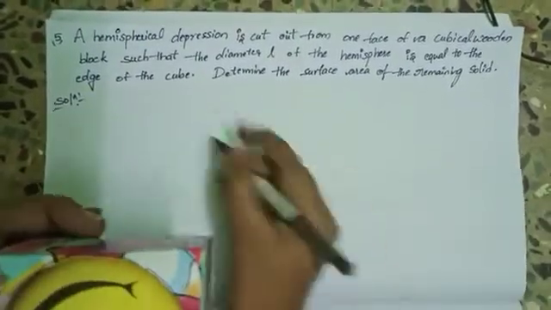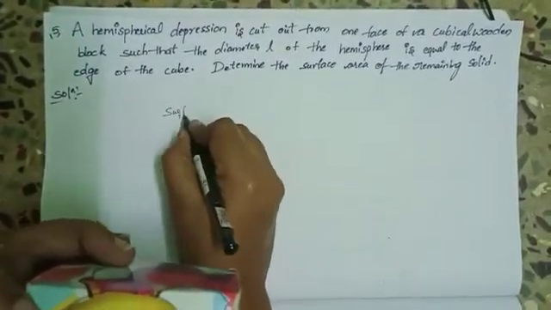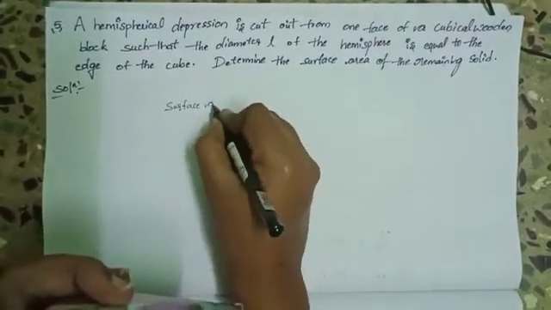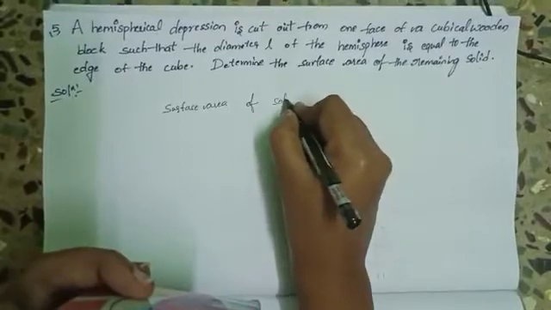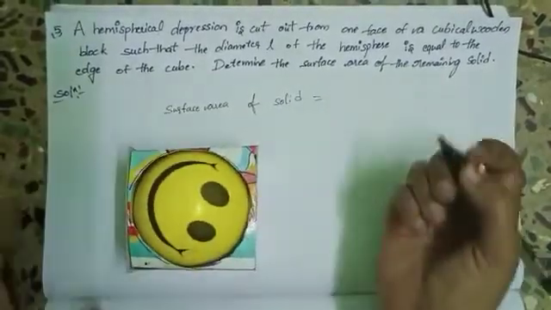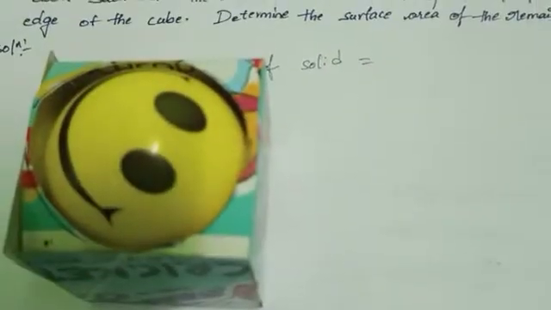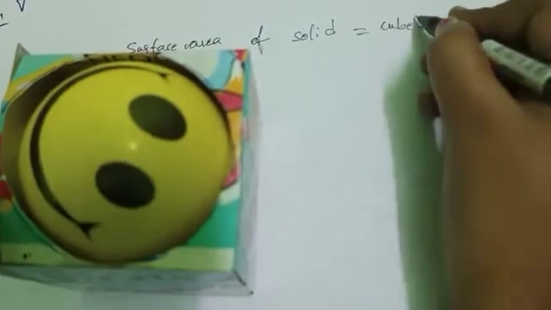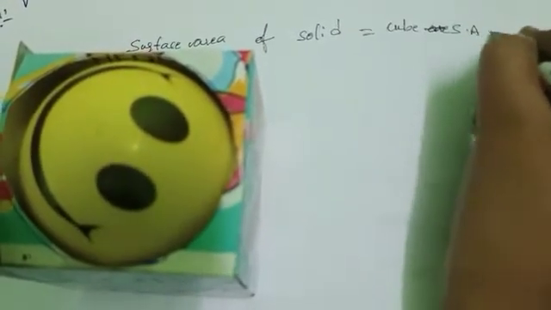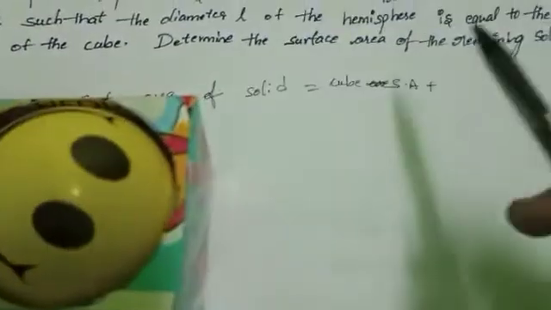Okay, see, the surface area of the solid. This is the solid. Cube surface area plus curved surface. What is the surface area?